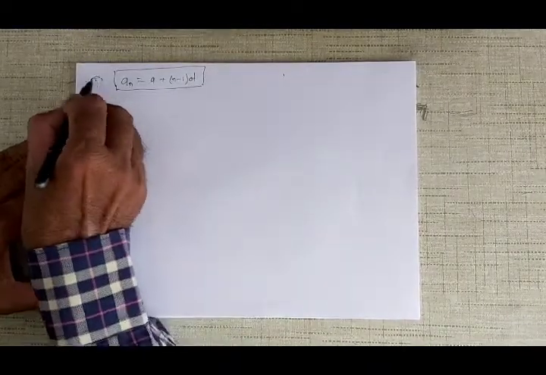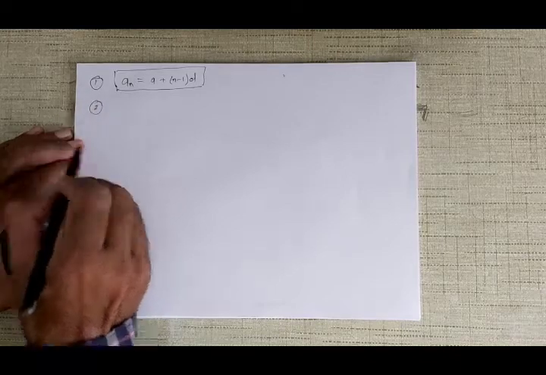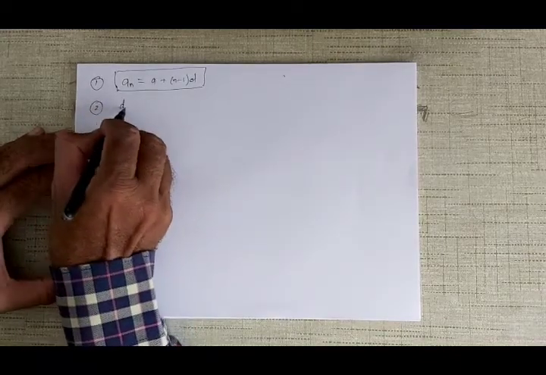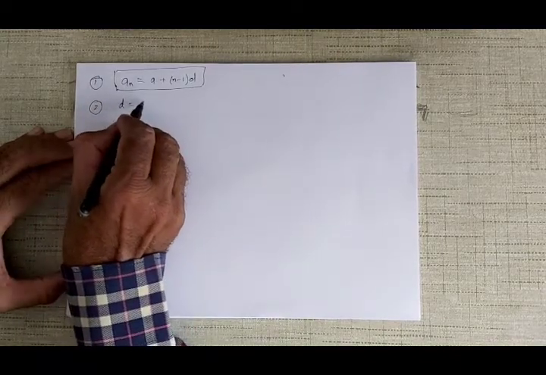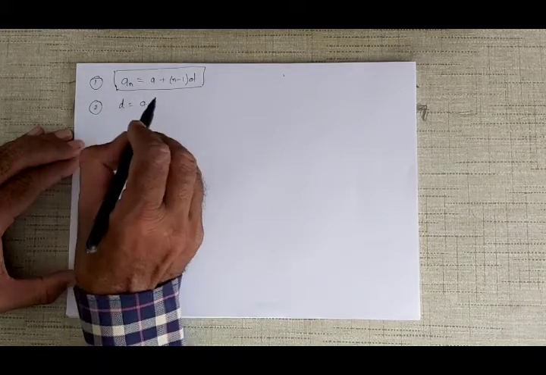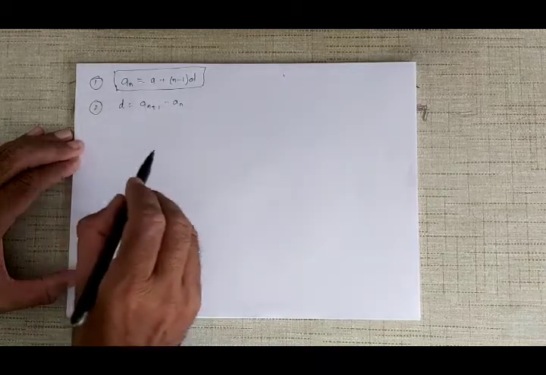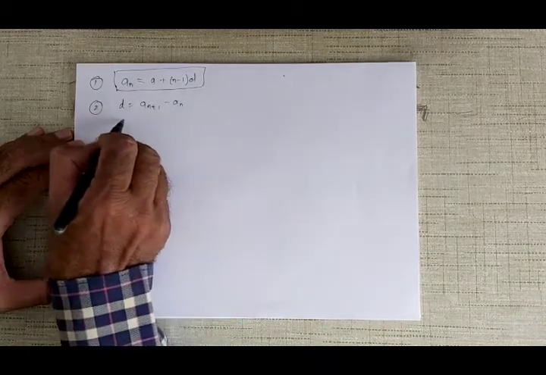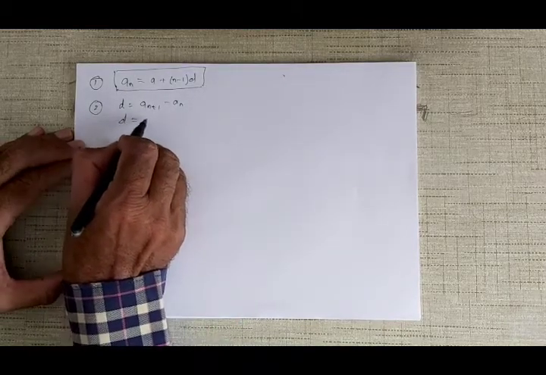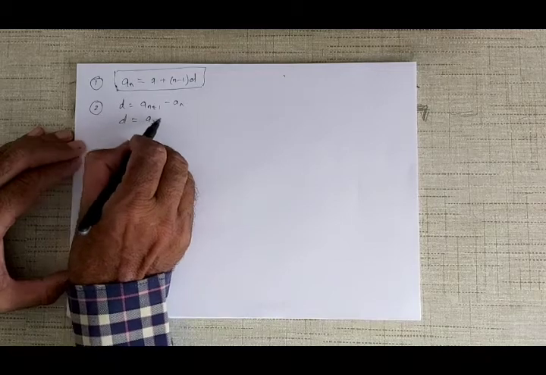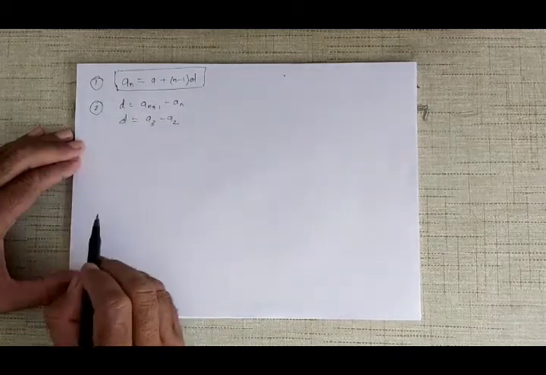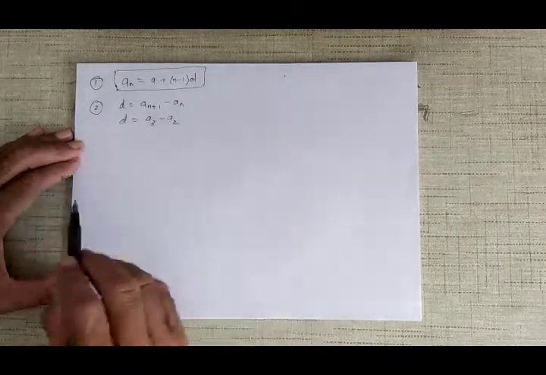Now, if I want to find d, the common difference, d is equal to a of n plus 1 minus a of n. Or in short, d is equal to the third term minus the second term, the next term minus the previous term.